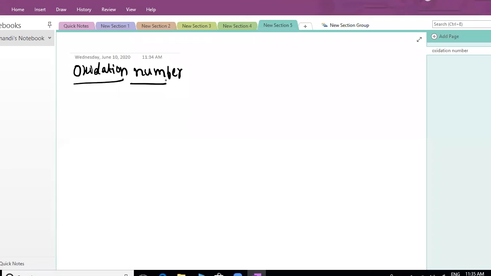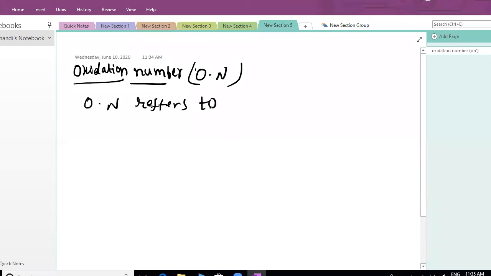Okay, write your definition, please. Oxidation number, symbol ON, I am writing. Oxidation number refers to the average charge possessed.